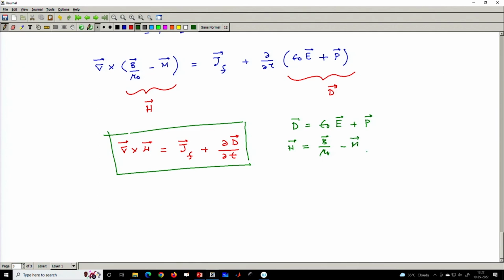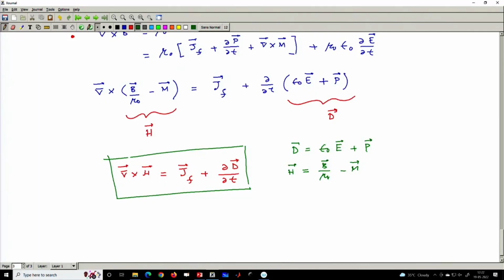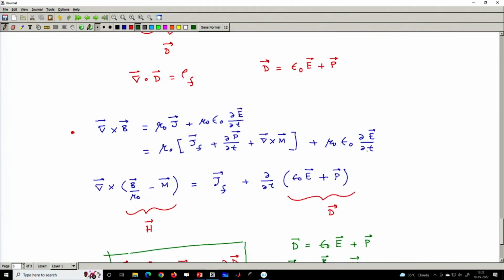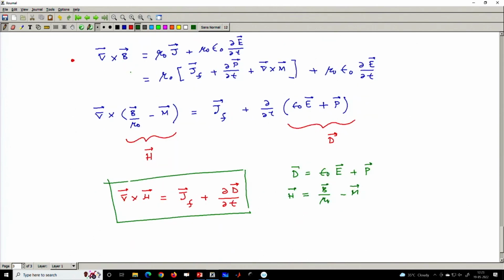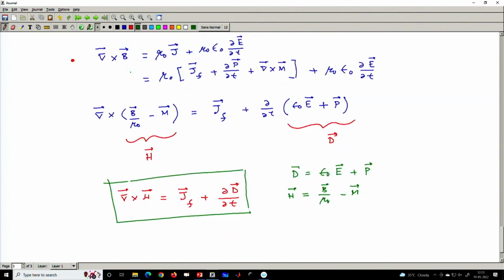So, the polarization and magnetization are now involved, which is strictly the property of the material, and when you include that property in the Maxwell's equation, then the equation is modified, and only these two equations which have the source term are going to be modified, because the contribution will be in the source term, and we will have two new equations. The other two equations will remain the same, that is the divergence of B equal to 0 and the curl of E is equal to minus del B del t.